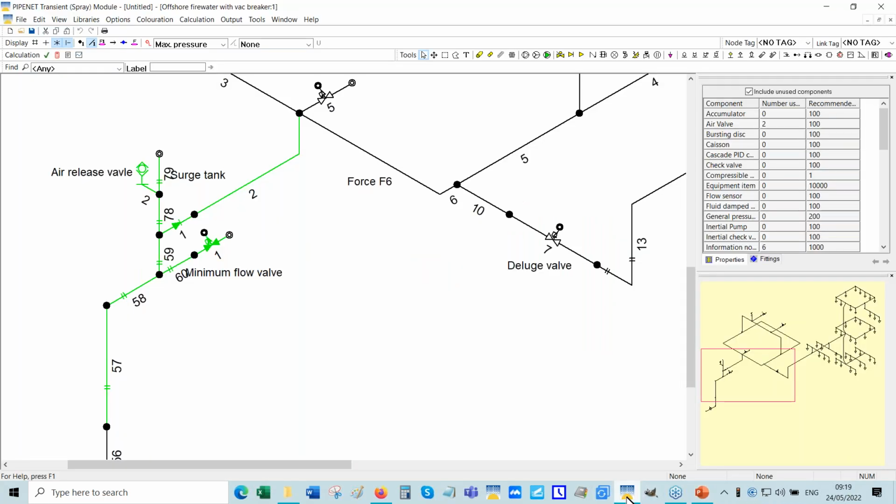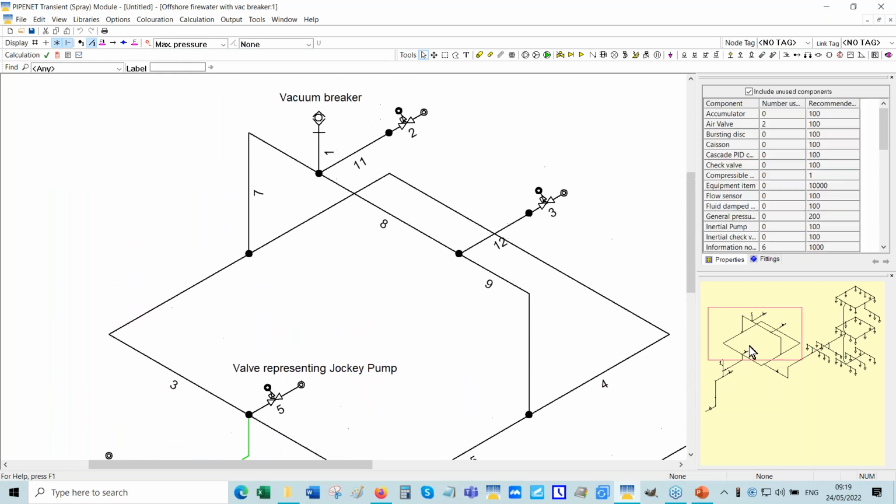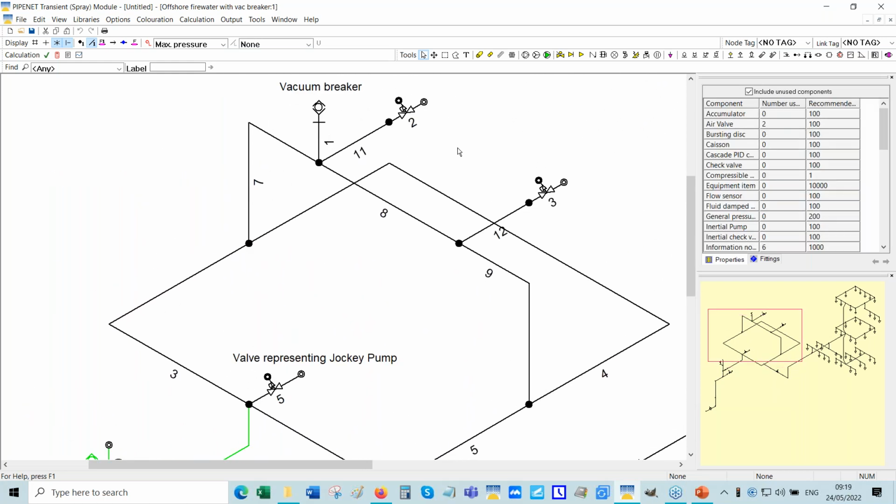Those of you who've done surge analysis with offshore fire water systems will know that there are two main problems you should consider. One is pump startup, because you could create pressure surges during pump startup, and the other is the deluge system startup, during which time you could get pressure surges in the fire water ring main.